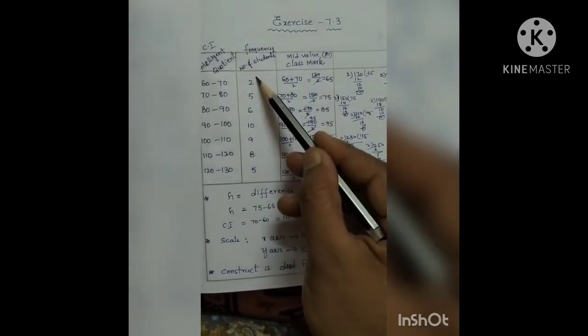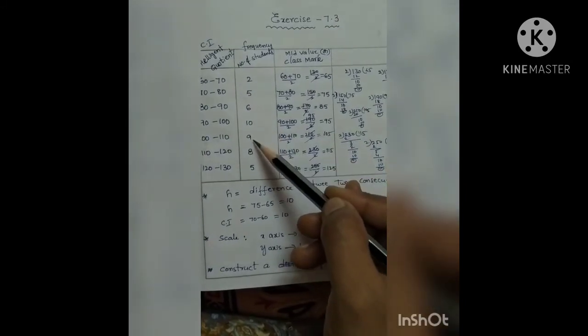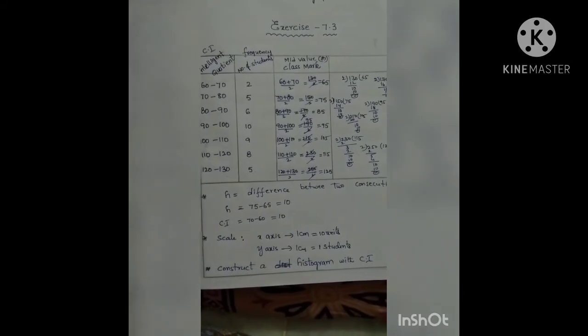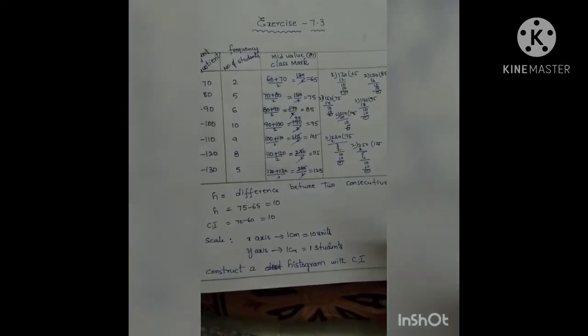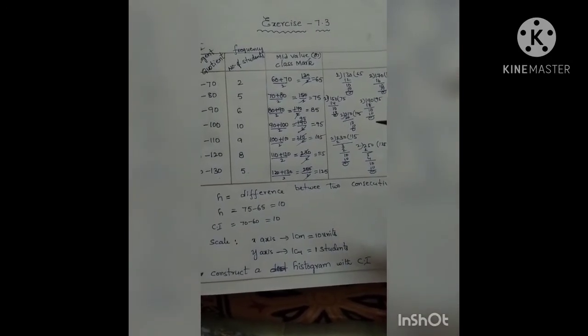This is the number of students, frequency: 2, 5, 6, 10, 9, 8, 5. So here, children, draw the graph. Draw the histogram for the data.